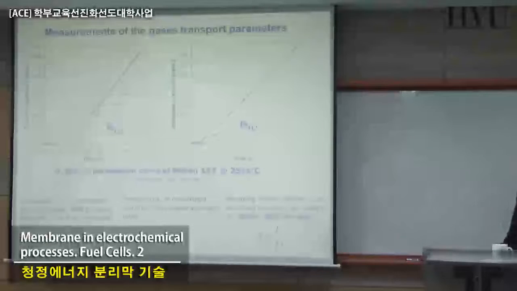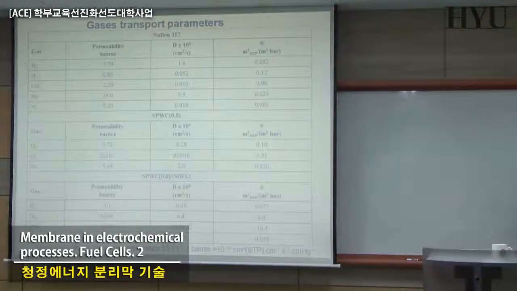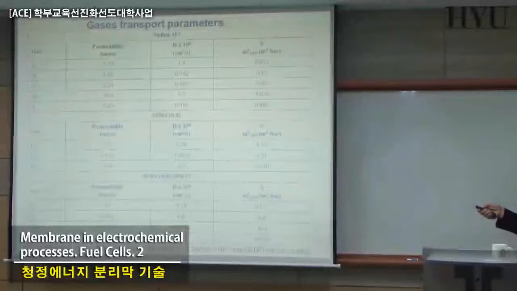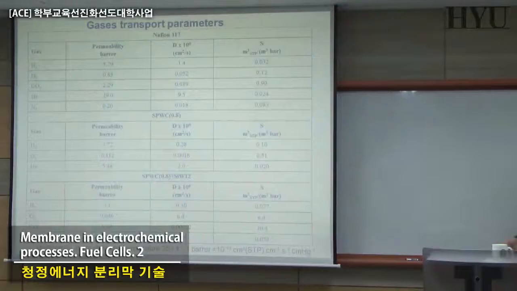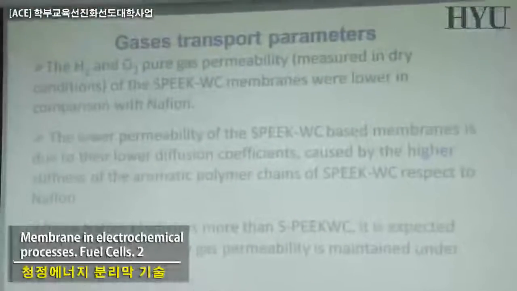And you can obtain the overall permeability, and if you measure one or the other parameter, diffusivity, you can also have solubility, and vice versa. So you can also measure independently, but this is the easiest way of doing it. And if you do this, you can have all the data, and you can compare this Nafion performance with the other polymers, and basically you have the result that we have been discussing before.